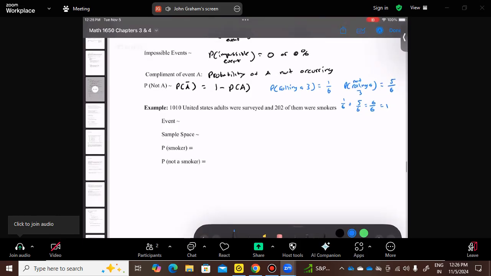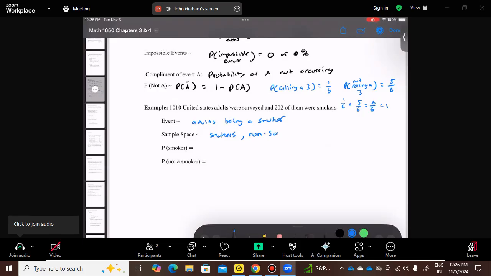Right, so we have 1,010 United States adults who were surveyed, and 202 of them were smokers. The event is an adult being a smoker. The sample space is smokers and non-smokers.